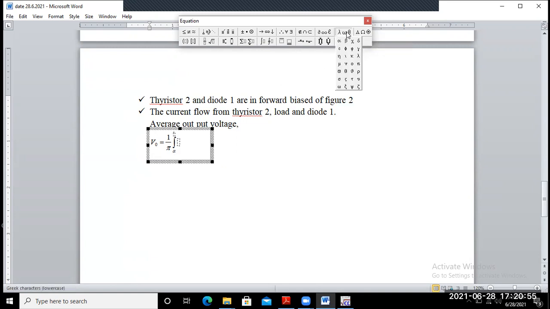Directly I have written here, that means pi, Vm sin omega t d omega t.